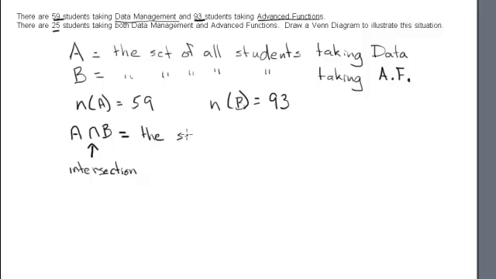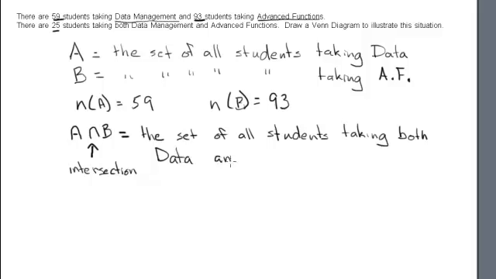So the set of all students taking both data and advanced functions.